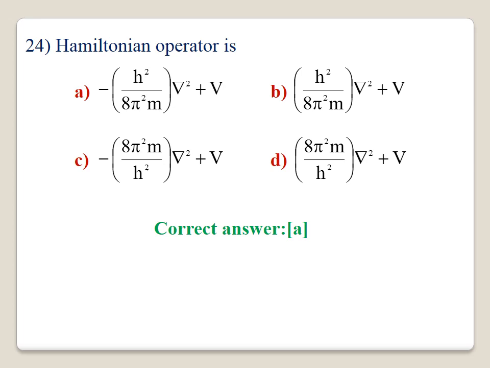The correct answer is A. In option B, a term is missing, that is wrong. Option C is in inverted position: instead of h²/8π²m, it is 8π²m/h². It is also wrong. D is also wrong. Therefore, the correct answer is A.